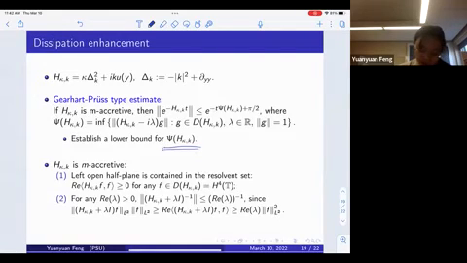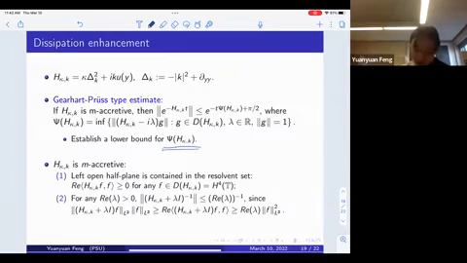And for any lambda with positive real part, we also need to prove the norm of the inverse operator of H kappa k plus lambda I is always less than the inverse of the real part of lambda.